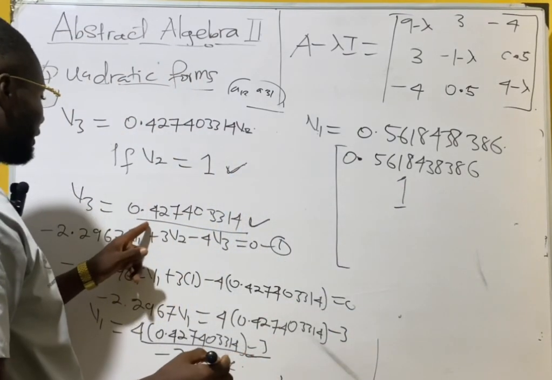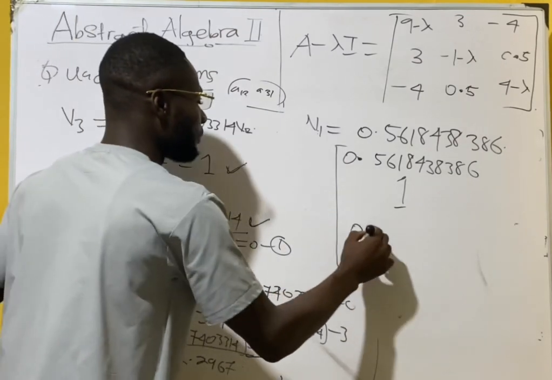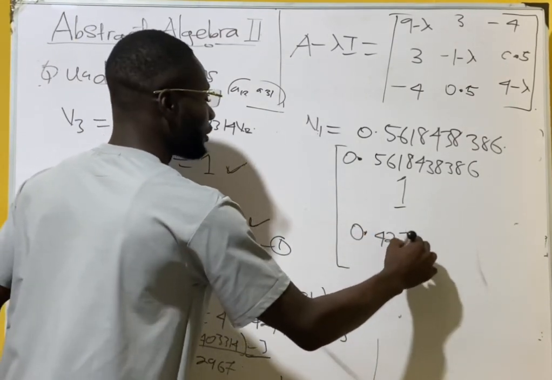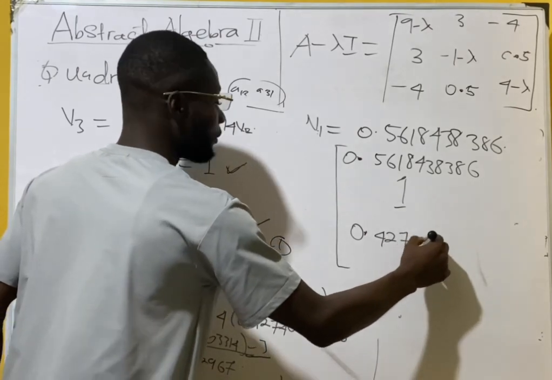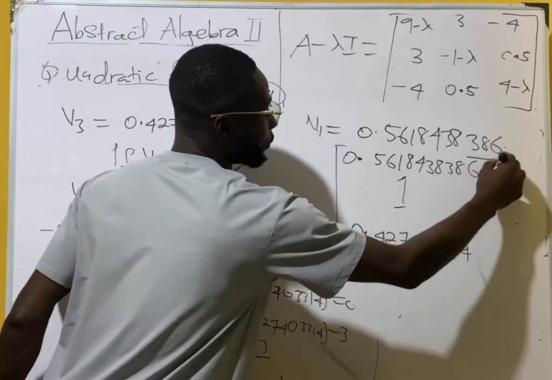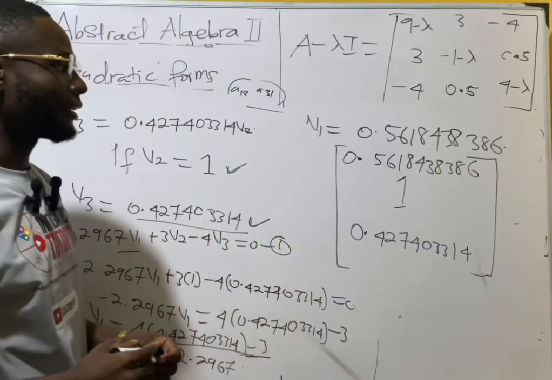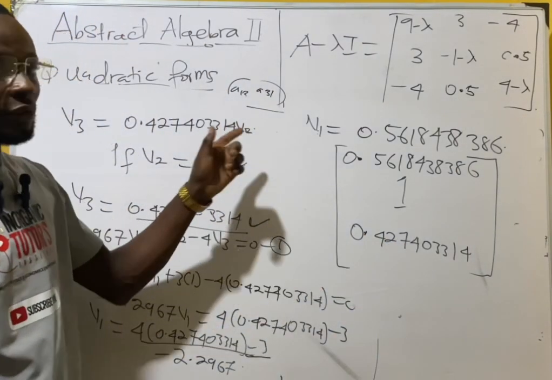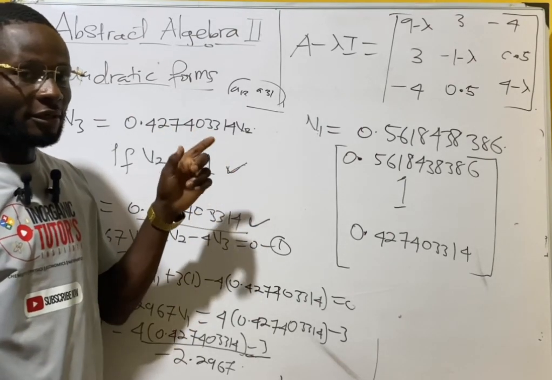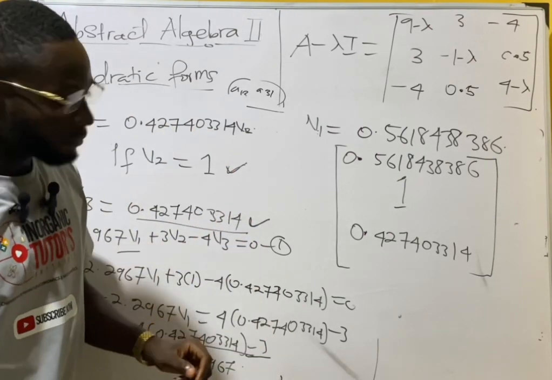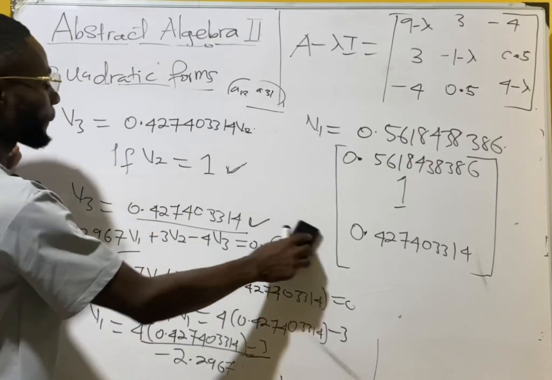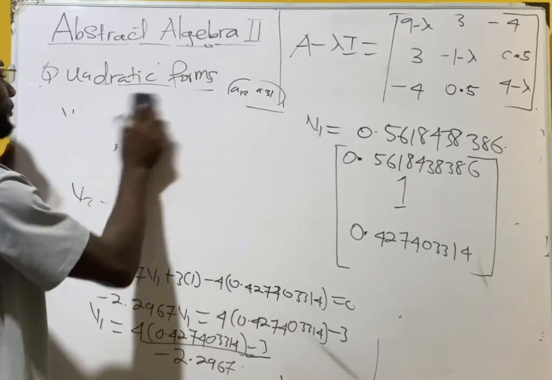Our V3 is also 0.4274003314. So this is our eigenvector for eigenvalue 11.677, right? So here, let's continue from here.